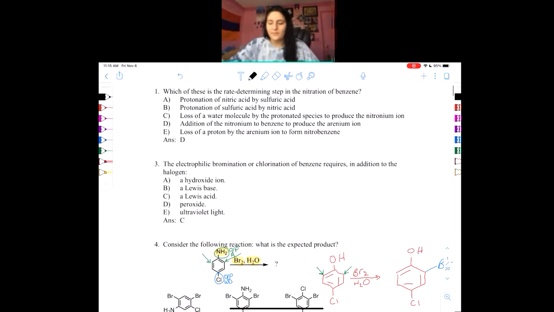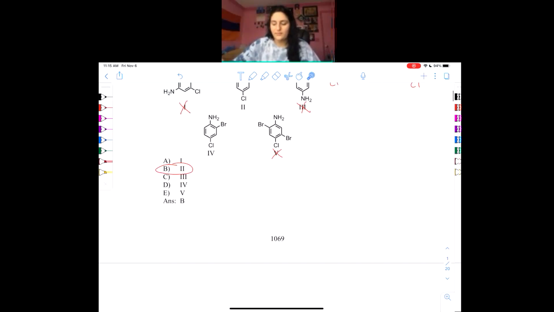But for example, if you look at the first page, rate determining step, we for sure talked about that one. So this is a good question. Something like this, it's a little bit wordy, but it's essentially just asking you what kind of catalyst you use. So this is a good question. 4 is an okay question.